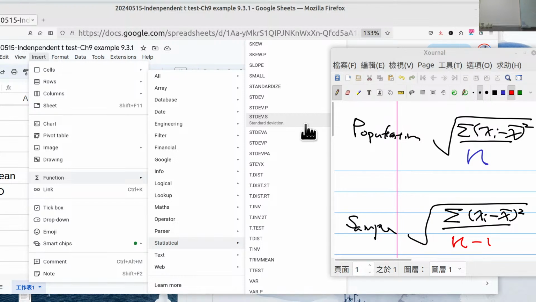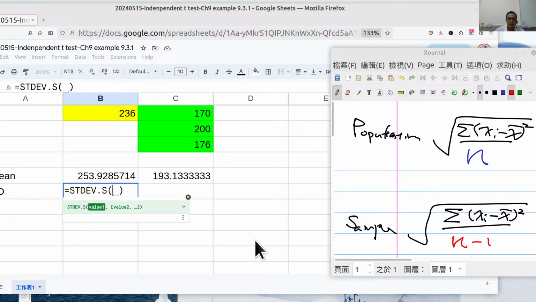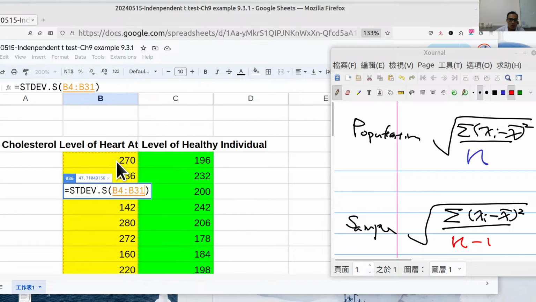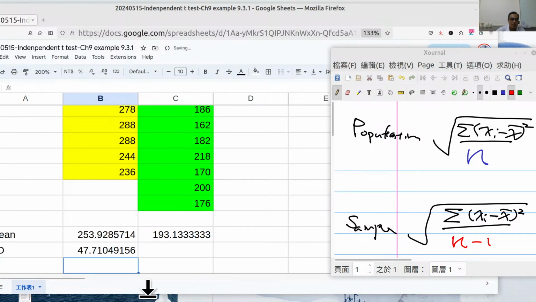So we select this function and click. Then the mouse is between a pair of parentheses. Select the range, holding the mouse key from B4 to B31. That is correct, and click answer. Okay, that is 47.